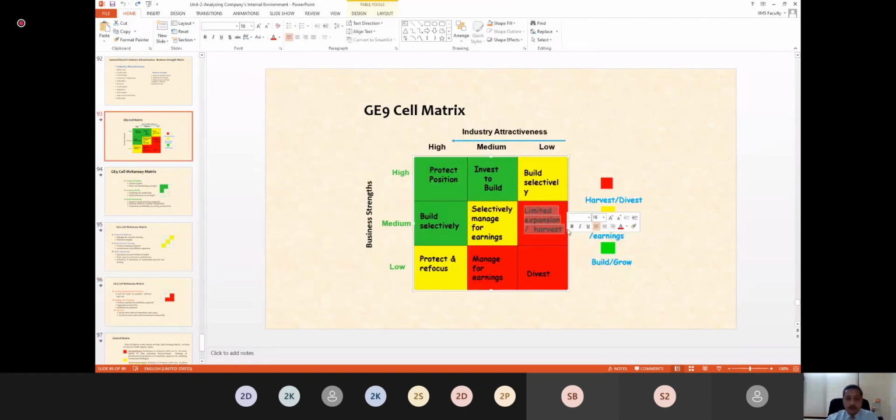In this cell, the industry attractiveness is low, and business strengths are low or medium. So it has limited expansion opportunity. Even if we have moderate business trends, the industry is not so attractive for expanding the business, and therefore we have to decide whether to continue or to drop that particular business unit.